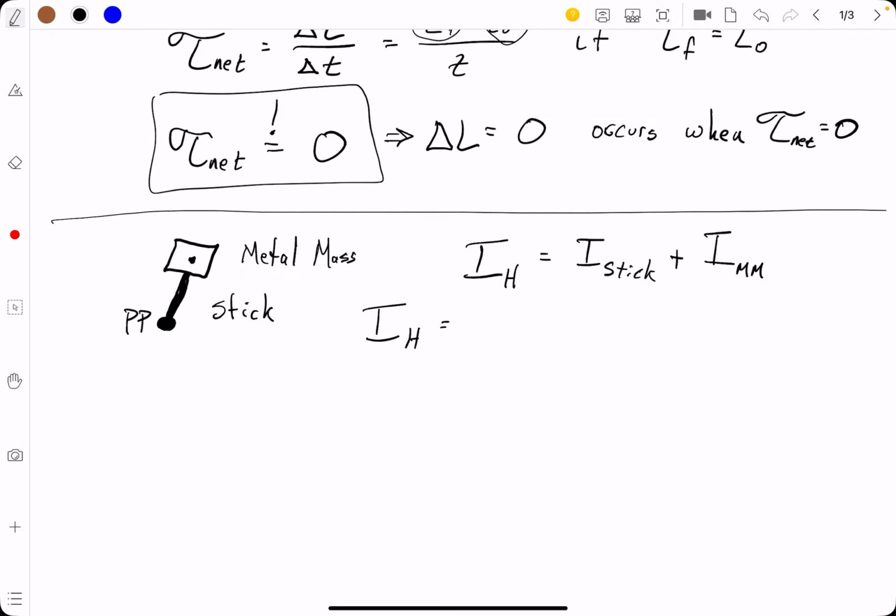So what do we do? We find the moment of inertia of a stick, and do I have that written down anywhere here? I can never remember. I think it's 1/2 mass of the stick times the length of the stick squared. I better make sure of that. I don't want to take us down the wrong road. Pretty sure that's right. It's for a disc.